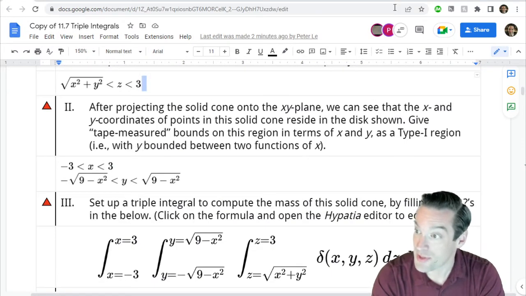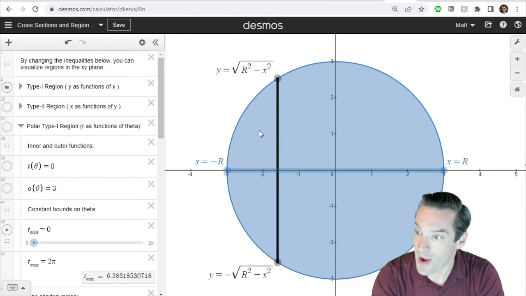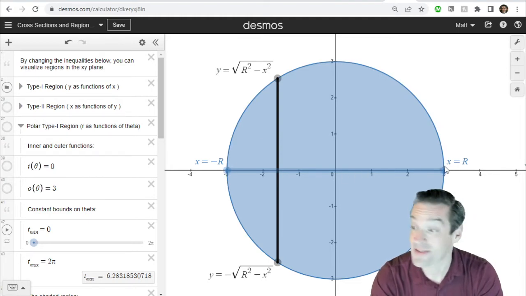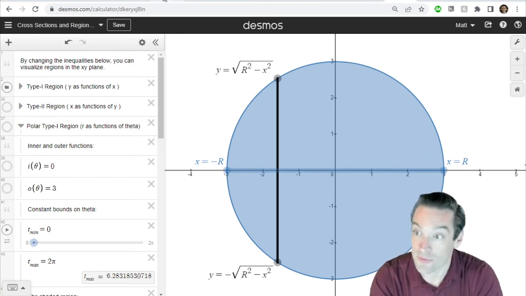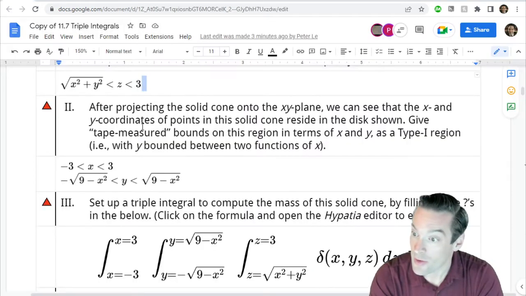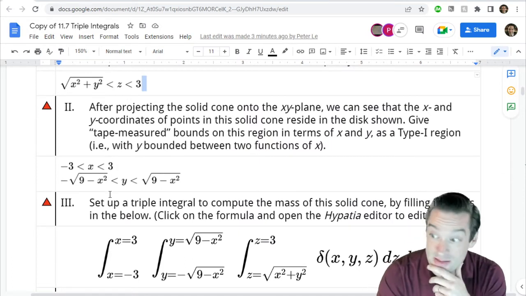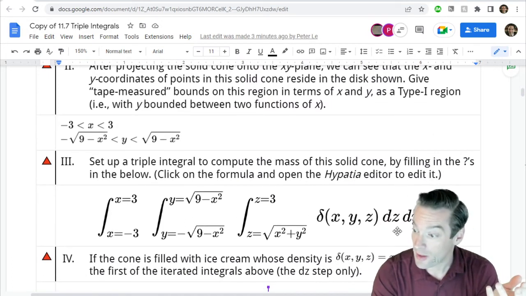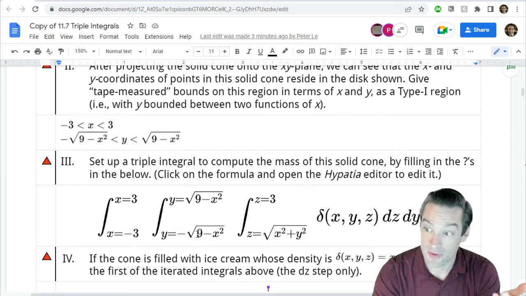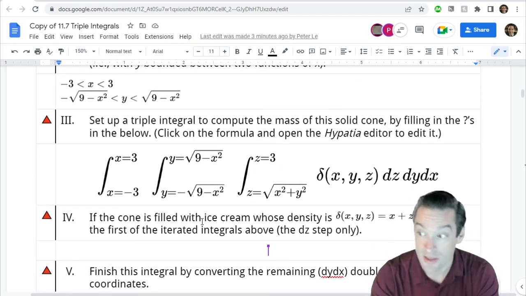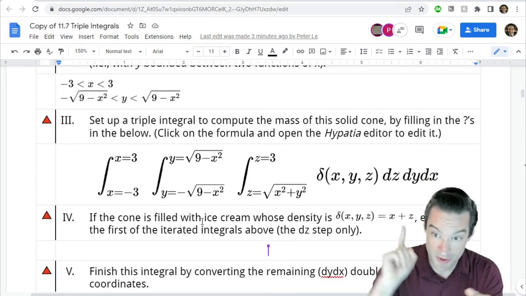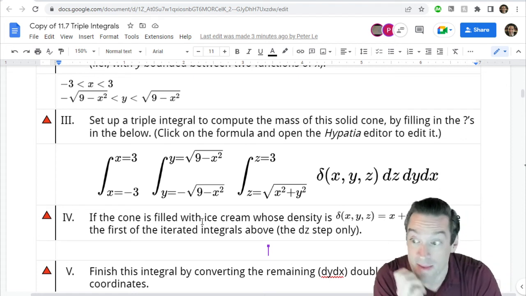And after that, we squish out the y variable so that we only get the grease spot of that on the x-axis, and that ranges from x equals minus r to x equals r. In this case, again, the role of r is being played by 3. So those are our bounds, and that means if we're going to set up a triple integral dz, dy, dx, then this is what that triple integral would look like as an iterated integral for whatever density function delta goes into that spot.